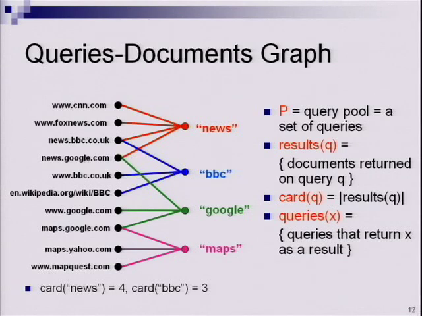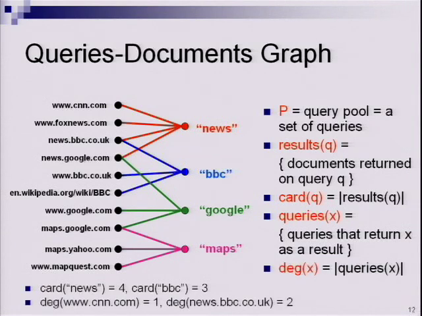For example, queries of www.cnn.com is just news, because the single query here that returns cnn.com as a result is news. However, queries of news.bbc.co.uk has two items, both news and BBC. We call the degree of the document just the number of queries that return that document as the result. So the degree of CNN.com is 1, but the degree of BBC.co.uk is 2.